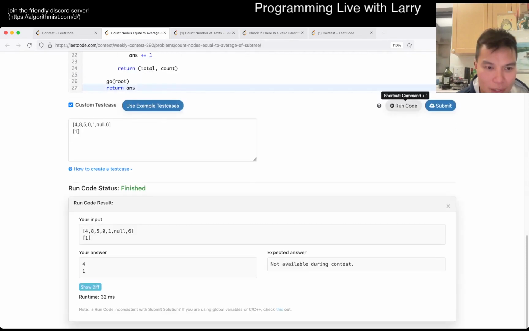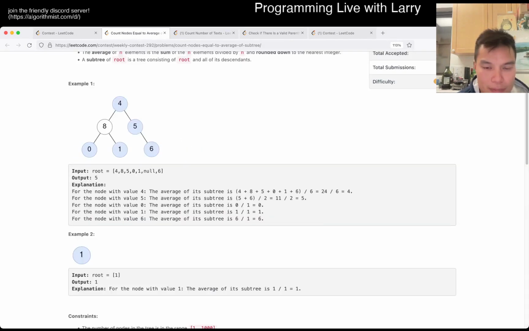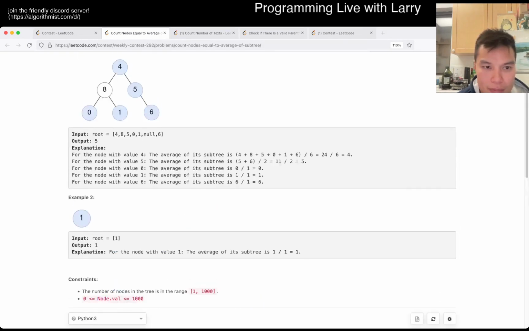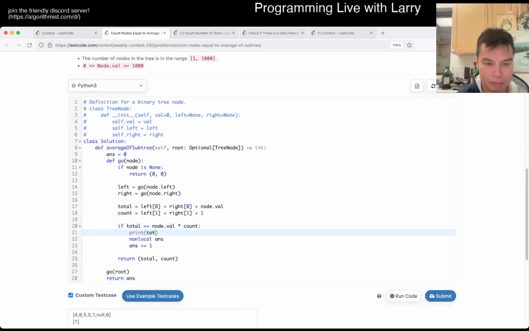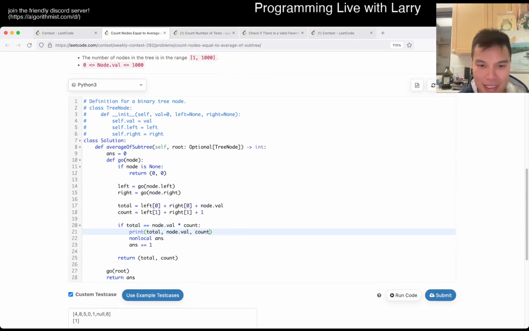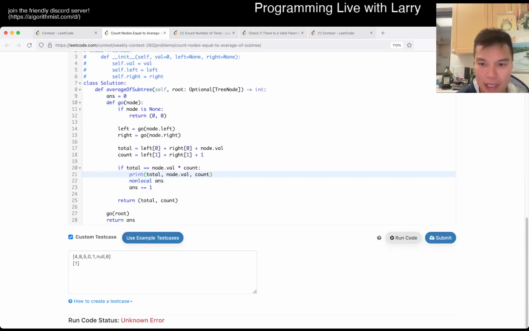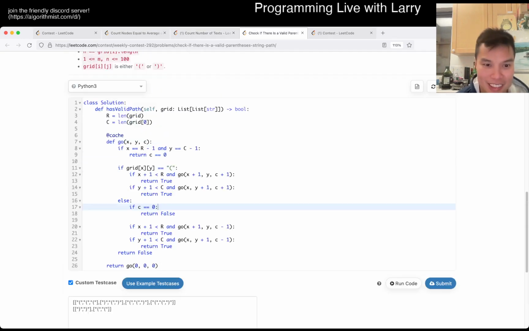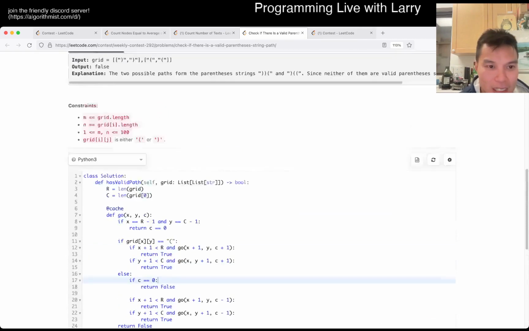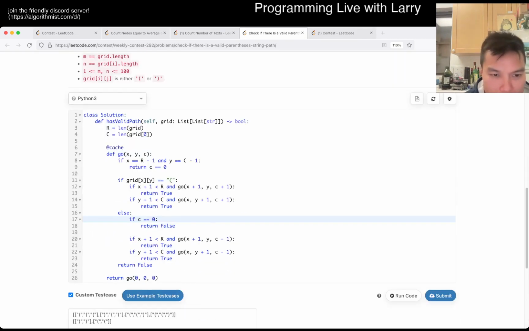Oh, this one's wrong, huh? I mean, like I said, there's definitely debugging, but most of the code should be written. Though maybe I'm wrong. So this is a weird contest. How am I getting this wrong?